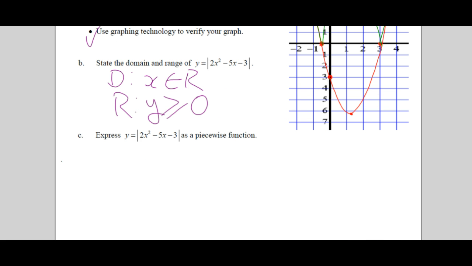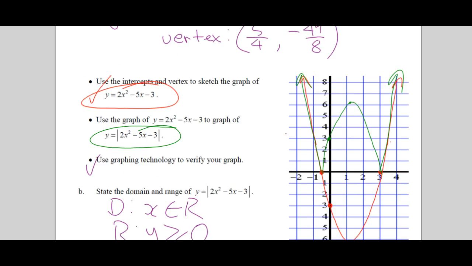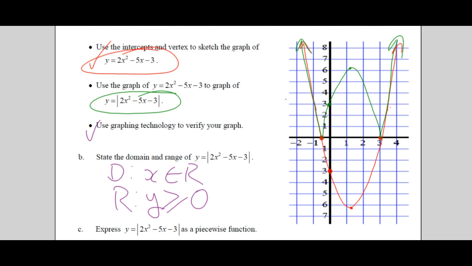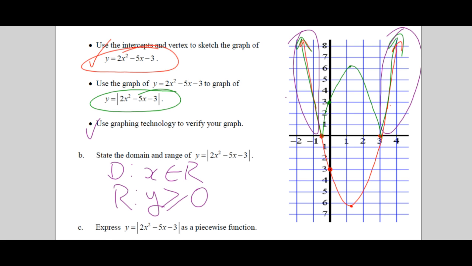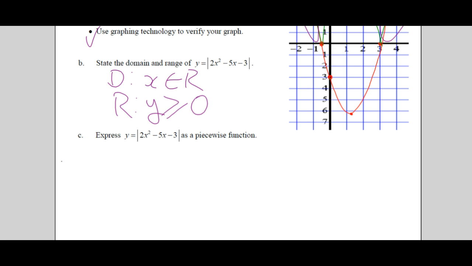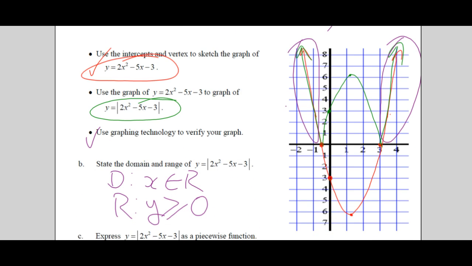Express this as a piecewise function. Well, this is interesting. So these guys are the same here and here. Okay, so when is it the same? So we'll say y is equal to 2x squared minus 5x minus 3 if what? So what can we say about the x values?